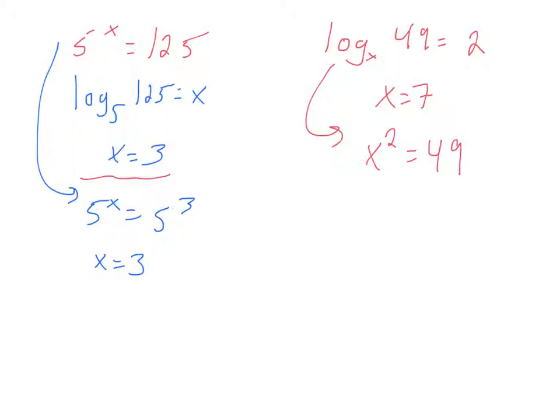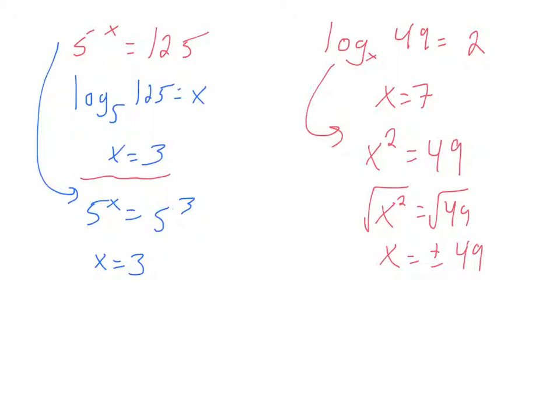And then you just take the square root of both sides. And you get x equals plus or minus 7, but we only deal with the positive bases.